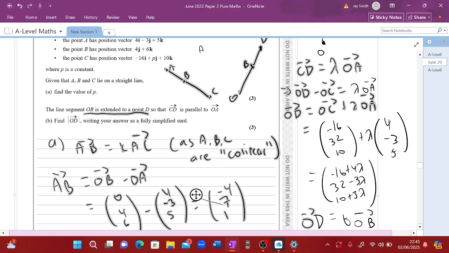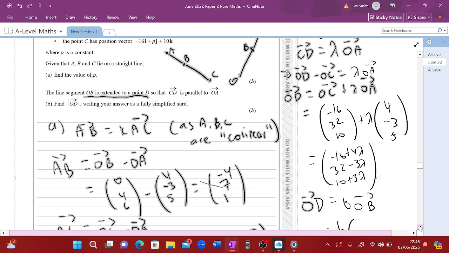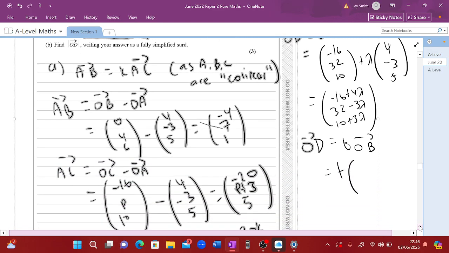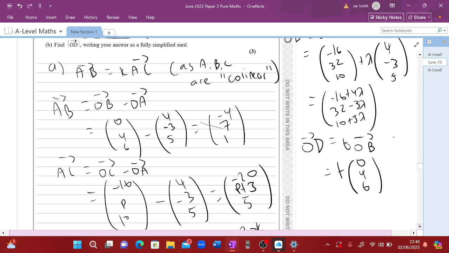So the position vector B is 0, 4, and 6, which is going to be 0 times t, 0, and then 4t, and then 6t.